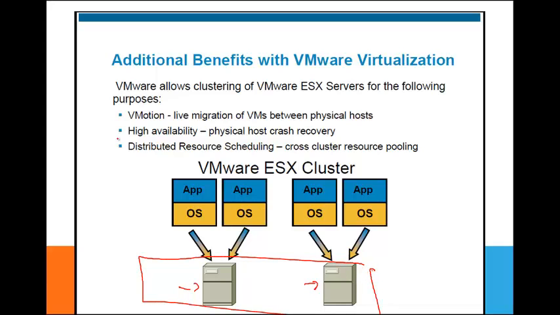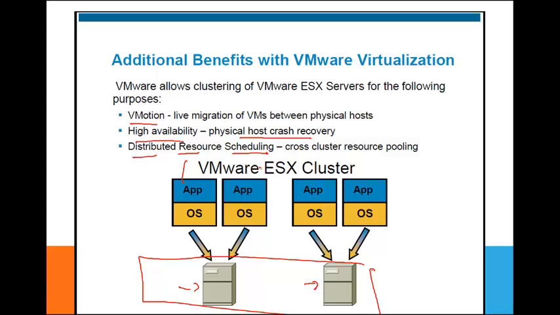We can move one VM from one hardware box to another without losing any policy or security related policies. There is also high availability. As one physical host crashes, you have the other one to support the failover. And distributed resource scheduling, DRS.